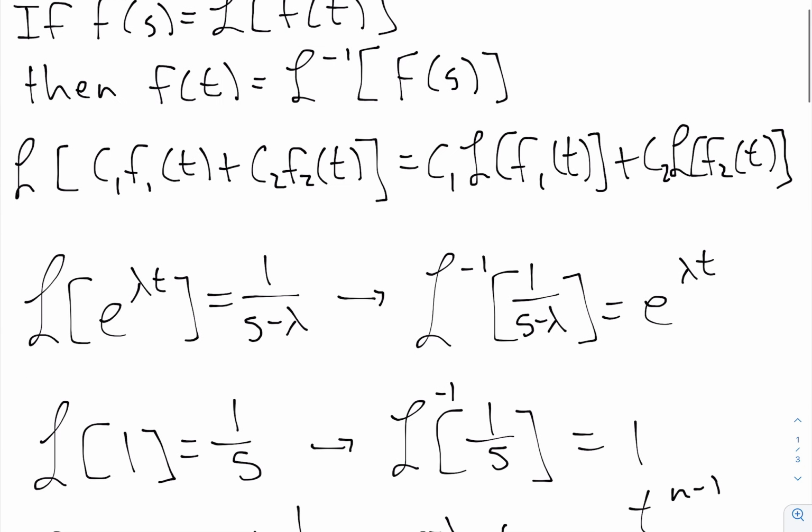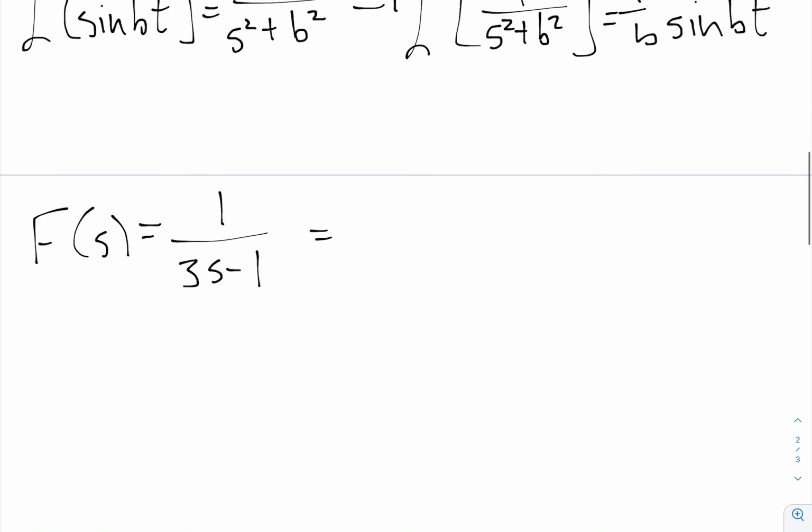So what we want in this case is just 1s. What we're going to do is factor out a 3 from 3s. So we have 1 over 3 times s minus, this s is just 1s now, and this 1/3 becomes a constant. When we factor out a 3, this is also going to become minus a third, because we have to expand this 3 into both of these to get this back.